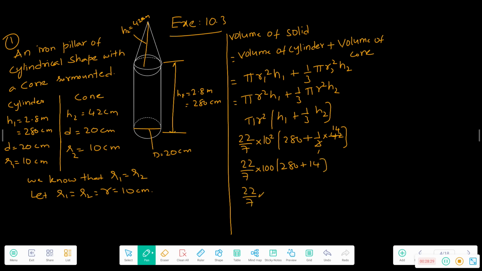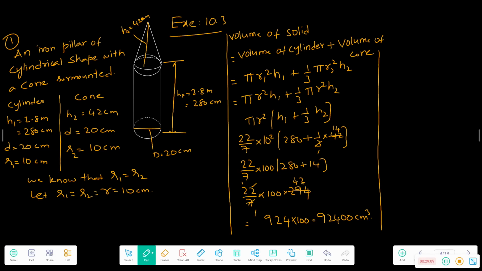So 22/7 into 100 into 294. 7 ones are 7, 7 42s are 294, so we multiply 22 by 42, which gives 924. 924 into 100 is written as 92400 centimeter cube.